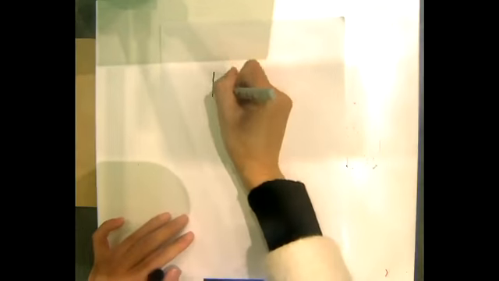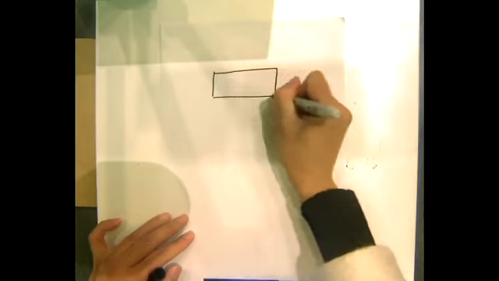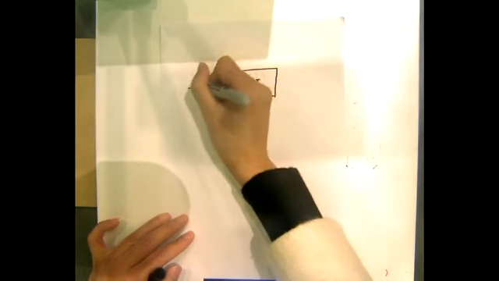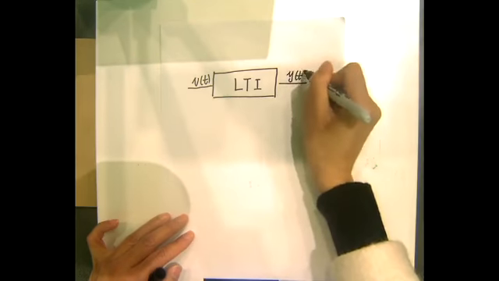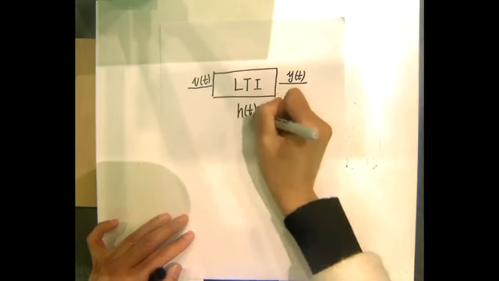If you consider this is a system, I'm considering a linear time varying system. Here is my input signal, here is my output signal, and here is my impulse response.